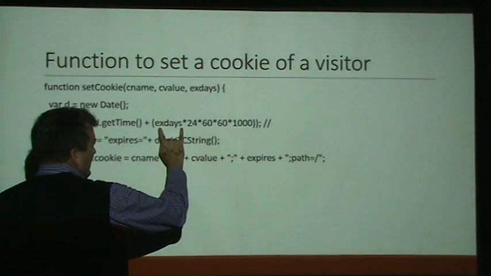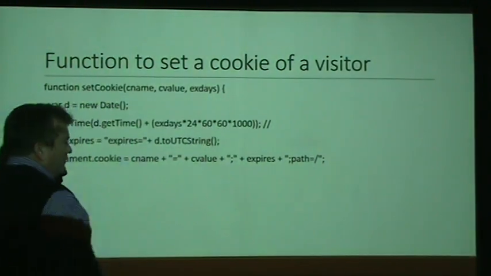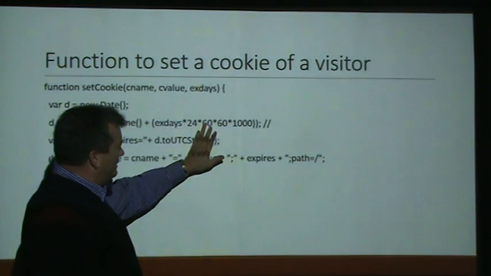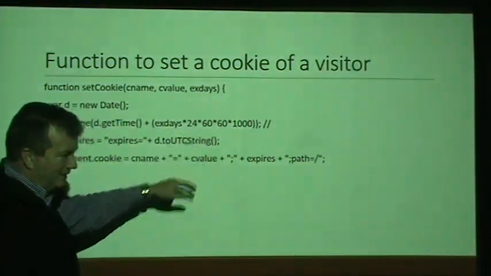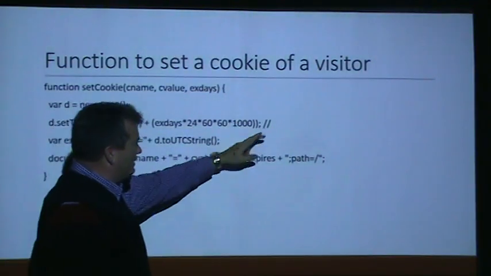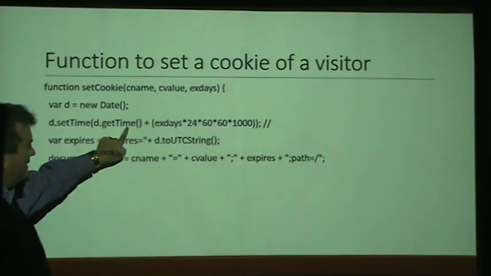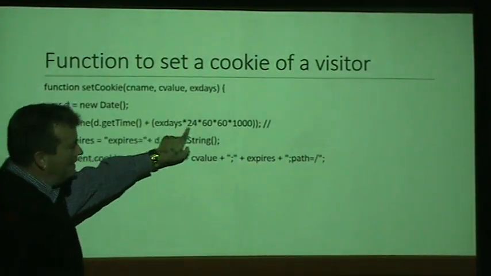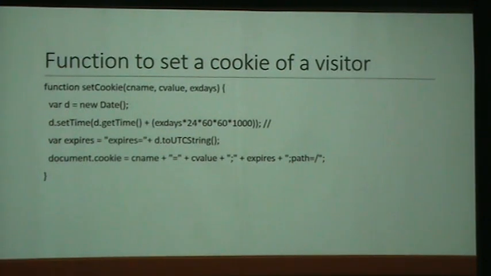So we take the number of days, multiply that by 24 times 60 times 60, 24 hours in a day, minutes and seconds, and then actually it gets recorded in milliseconds, so we'd have to multiply this by 1,000 to get milliseconds. So we're taking the current time plus however many milliseconds it is for the number of days that you want this to stay around.